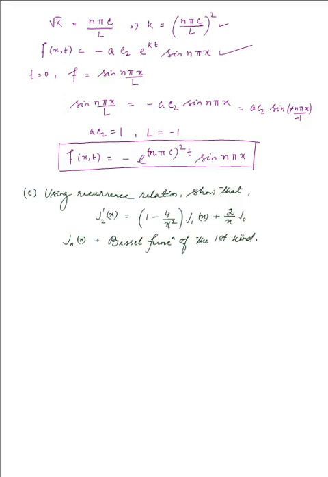Now the third bit in the series asks us to show the following Bessel's equation. J2 prime x is going to be equal to 1 minus 4 over x squared J1 x plus 2 over x times J naught, where Jn x is obviously the Bessel function of the first kind.